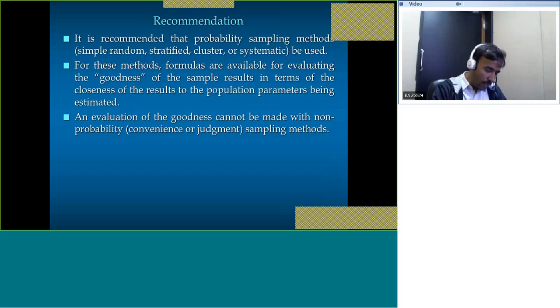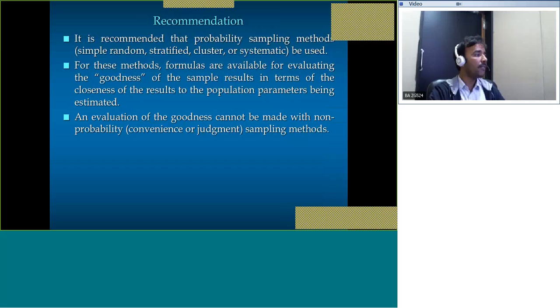We have only studied simple random sampling in the earlier slides, but apart from simple random sampling, we have many other sampling techniques like stratified random sampling, cluster sampling, systematic sampling, convenience sampling, and judgment sampling, of which few are probabilistic sampling techniques and the others are non-probabilistic sampling techniques.